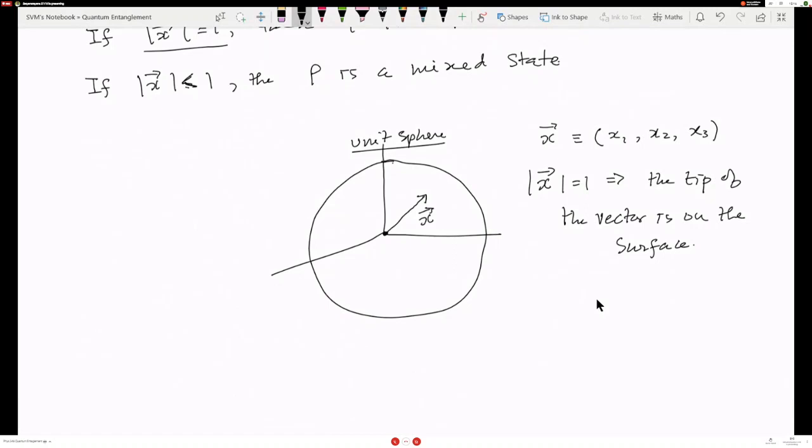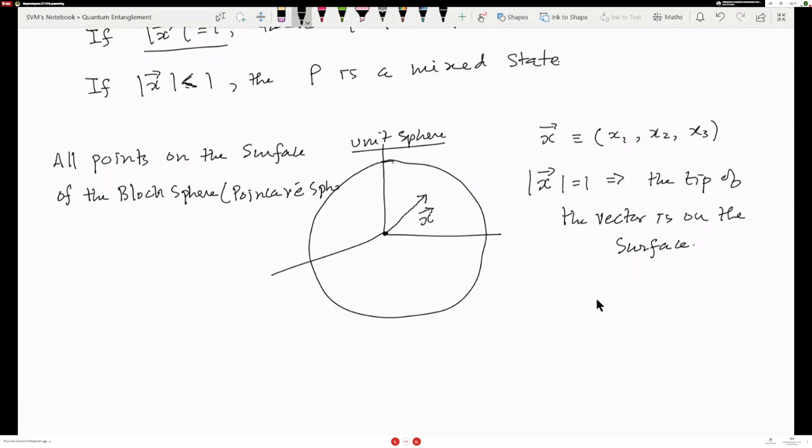So therefore, we have a geometrical structure for the state space: all points on the surface of the Bloch sphere are pure states, for which you can draw a parallel to the Poincare sphere in polarization.